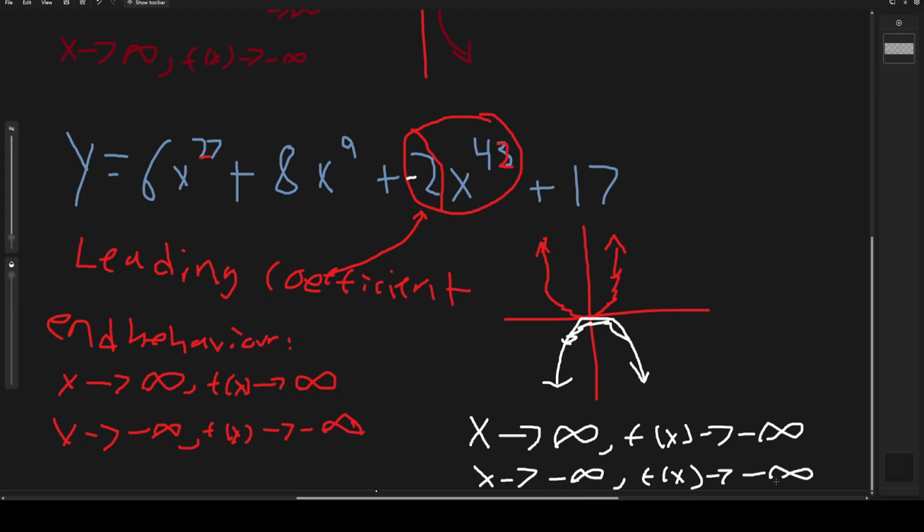So it's just basically this one but flipped because of the negative sign. That's basically what that means, right? Vertical reflection. It's just flipping the graph over the x-axis.